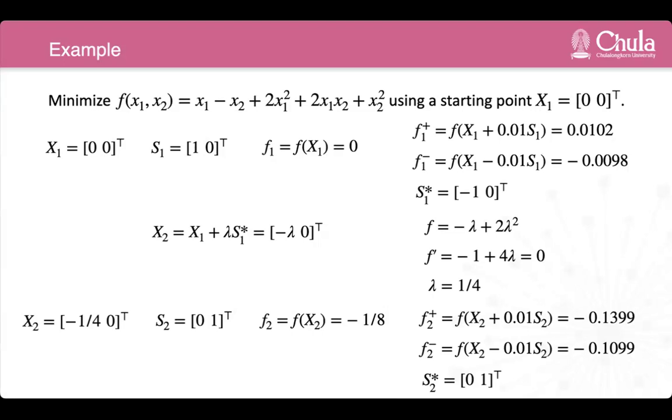There are two ways to go, right? To the positive or the negative. So we have to evaluate whether if we follow the positive side or the negative side, we obtain an increasing or decreasing objective function.